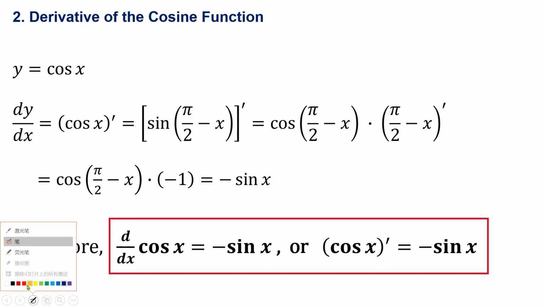Therefore, we have the following expression: the derivative of cosine x with respect to x equals negative sine x. Okay, any questions? Okay, I'll give you 2 minutes to have a look at the solution here.